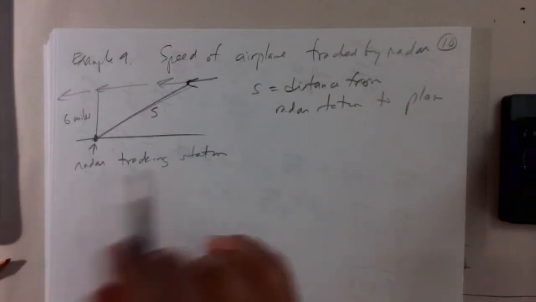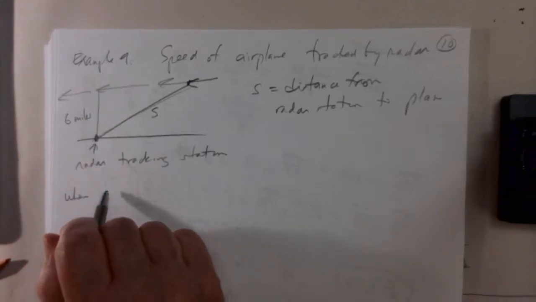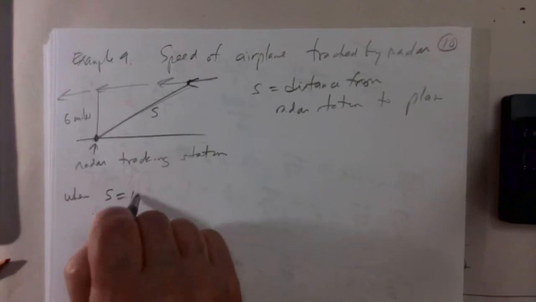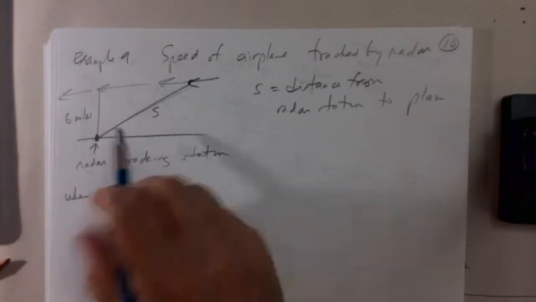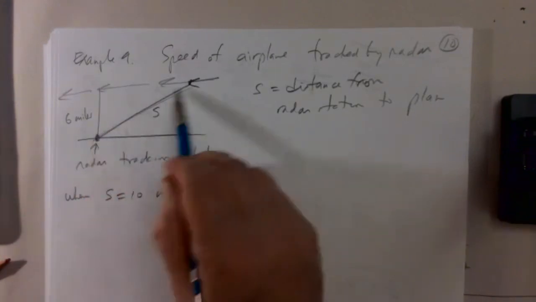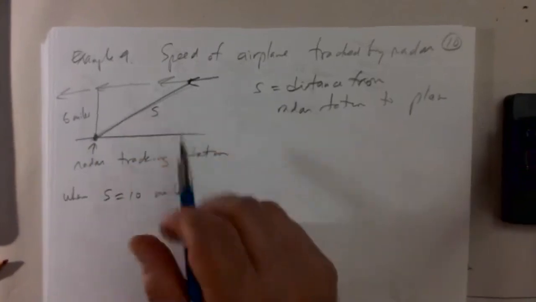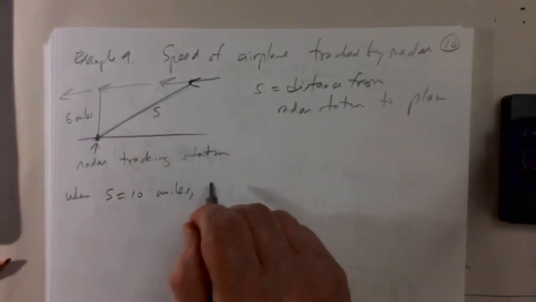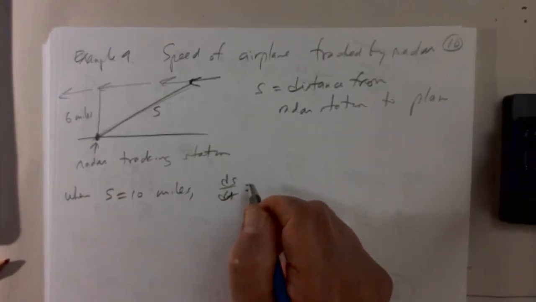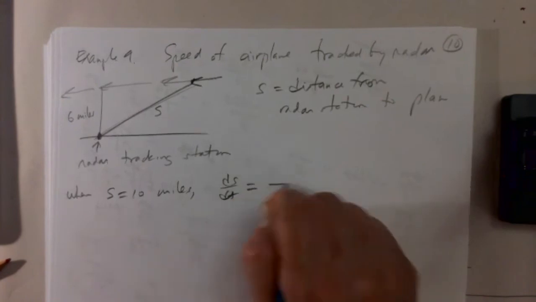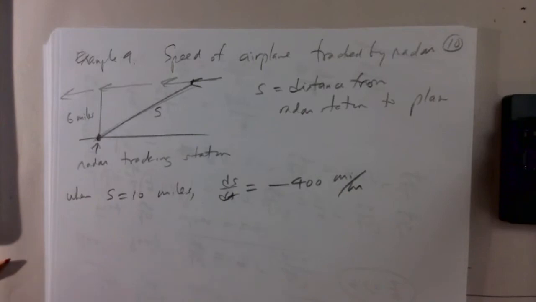So we're given some information when S equals 10 miles. See, what the radar measures is where the plane is and how fast this length is changing. When S equals 10 miles, dS/dt, we're told, is decreasing at a rate of minus 400 miles per hour.